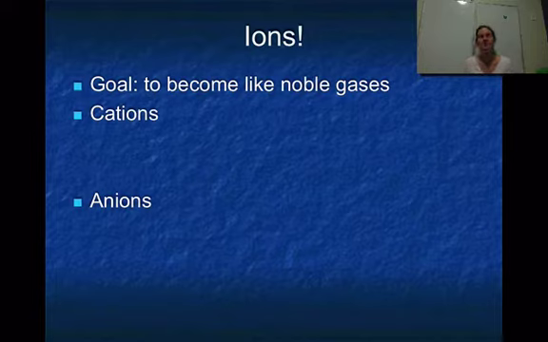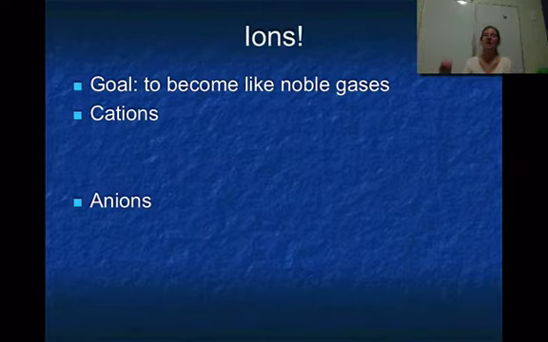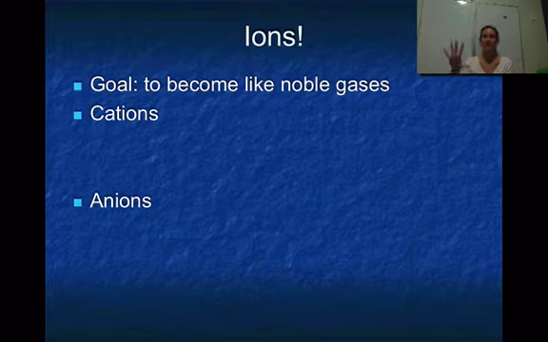There's one simple rule for ions. The goal of all ions is to gain and lose electrons to become like a noble gas. Meaning they want to lose electrons or gain electrons so that their electron configuration ends in p6. It's as simple as that.